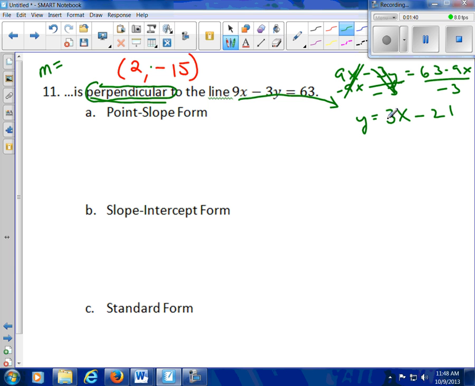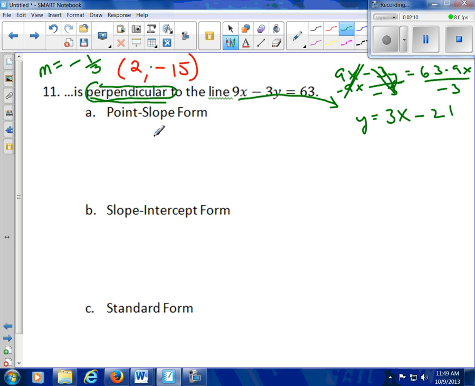So if it's positive for the 3, it's going to be negative for the line going through (2, -15). Perpendicular lines are opposite reciprocals. Now that we've made it an opposite, I've got to make the 3 over 1 a reciprocal. So 3 over 1 flipped is negative 1 over 3. So my slope in this case is going to be m equals negative 1/3.